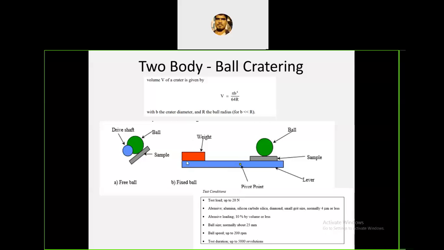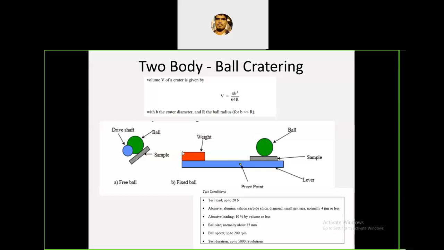And it's one horizontal table. This is a pivoting point, and here I am going to apply the load, just like a balancer. If both sides are equal, it is balanced. If on one side I increase the load, the other side will become unbalanced, correct?